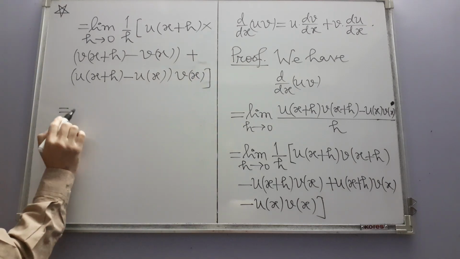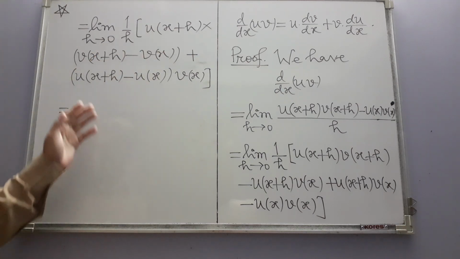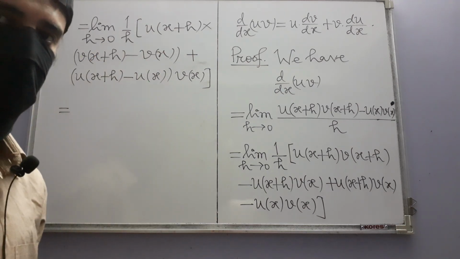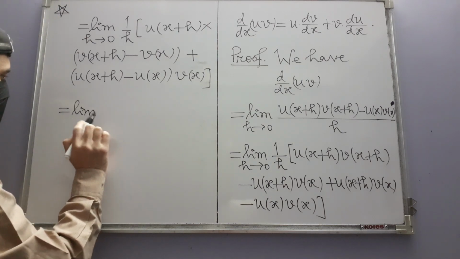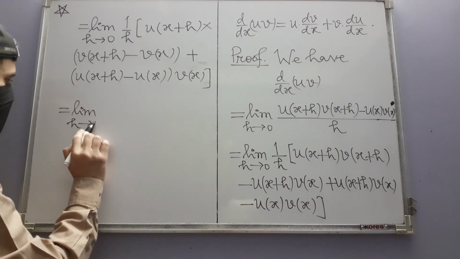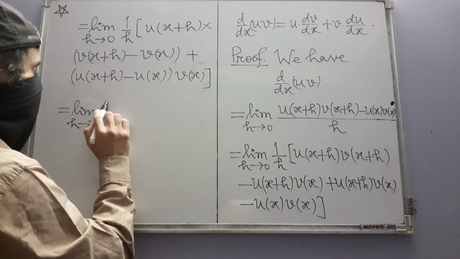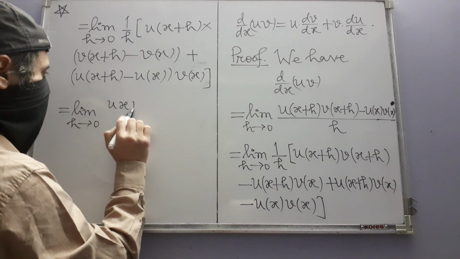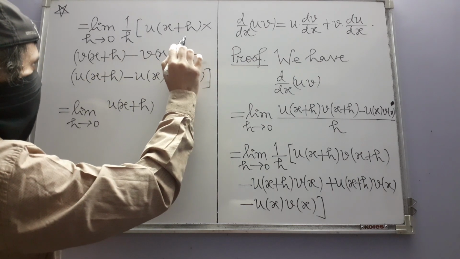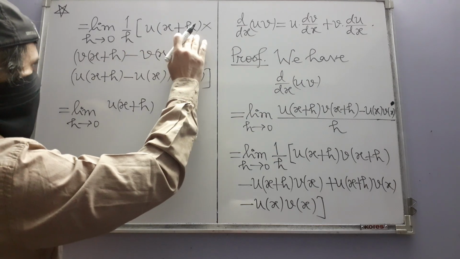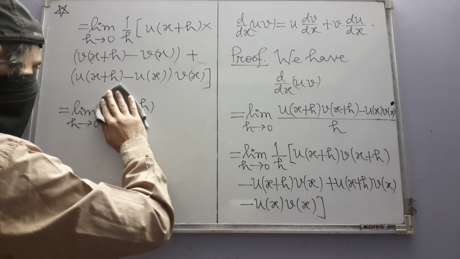Now if you also consider this 1 over h and bring it inside this expression, you can write this entire thing like this. u of x plus h will stay just like that.